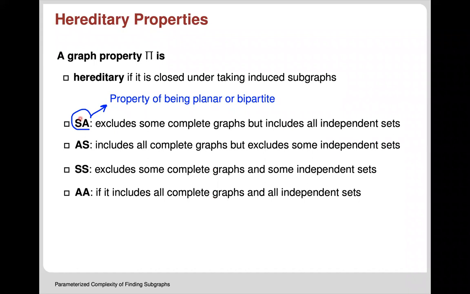The first letter denotes whether you have all complete graphs or some complete graphs, and the second letter denotes whether you have all independent sets or some independent sets. So AS means that you have all complete graphs but only some independent sets. SS means you exclude some complete graphs and some independent sets, and AA means that you include all complete graphs and all independent sets.